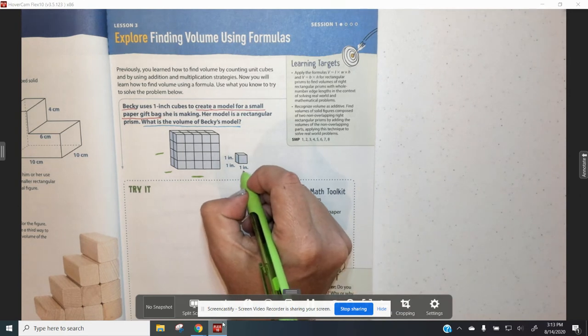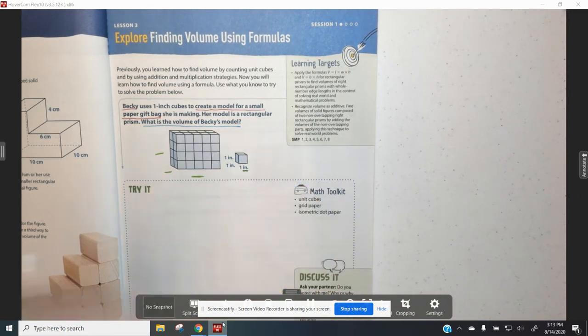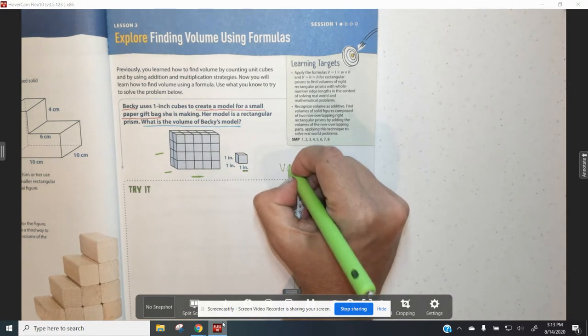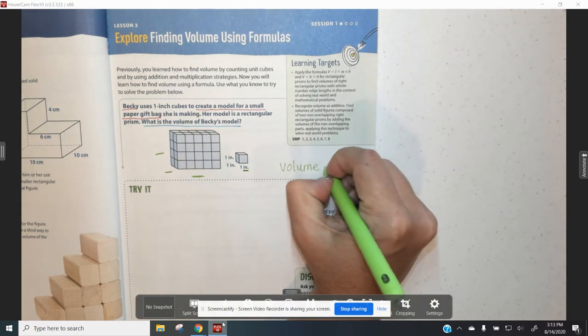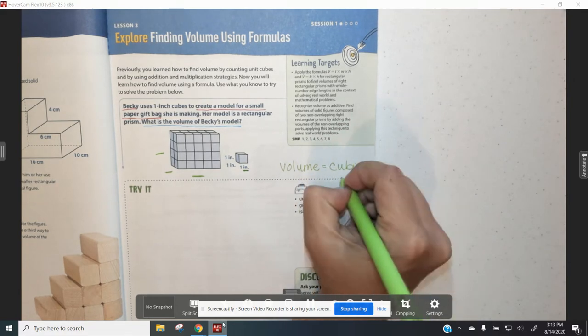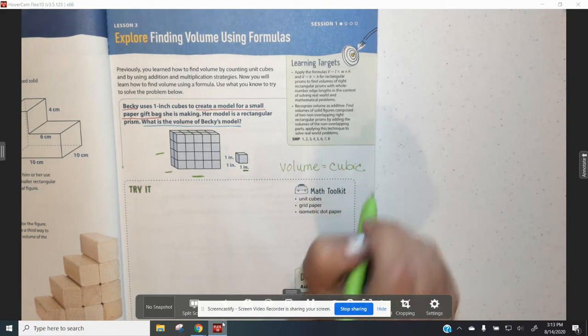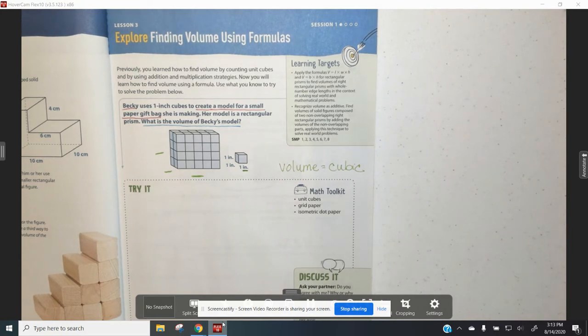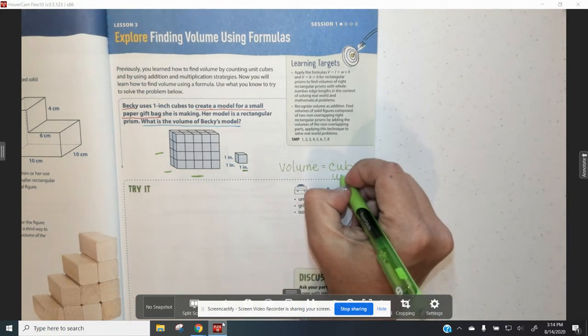It tells us what our cubic unit is that we're working with. Remember that whenever we are trying to find volume, we use the term cubic when we're labeling our units at the end. All right, so I'll put cubic unit.